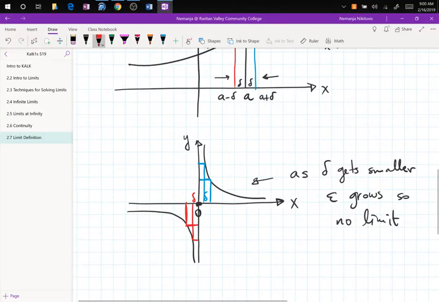The red one will push this way forever, and the blue one would push that way forever, and they will just shoot apart without actually squeezing onto a value.